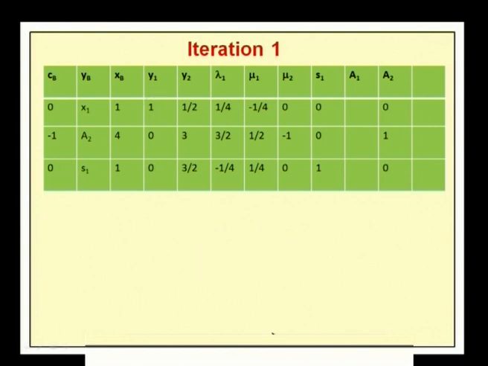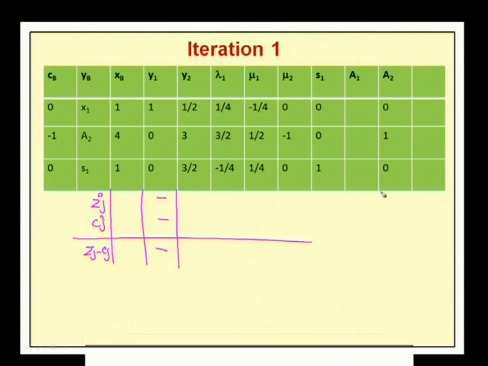So in this table, again we have to check the optimal condition. For that, we have to compute zj and cj values: zj, cj, then zj minus cj. Now in this table x1, a2, s1 are in the basis. Therefore no need to compute zj minus cj for x1, a2 and s1.